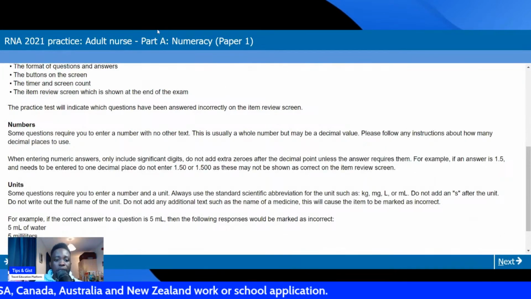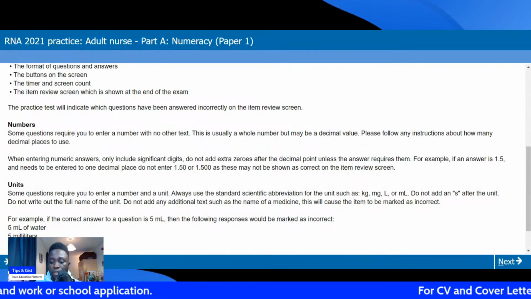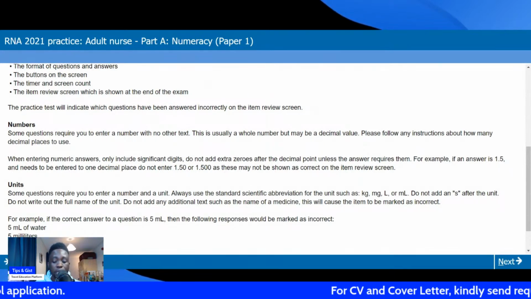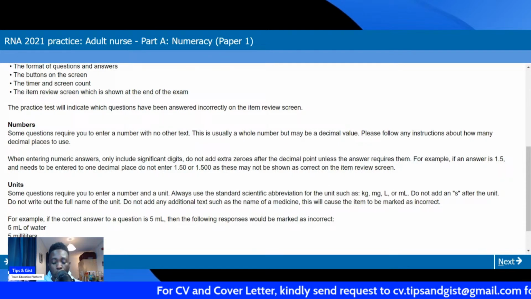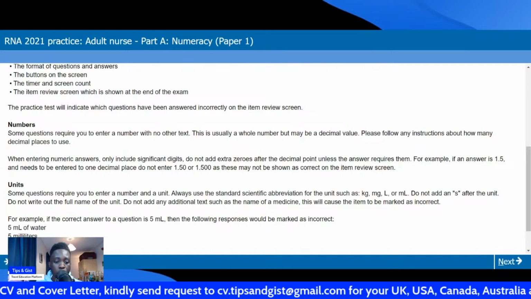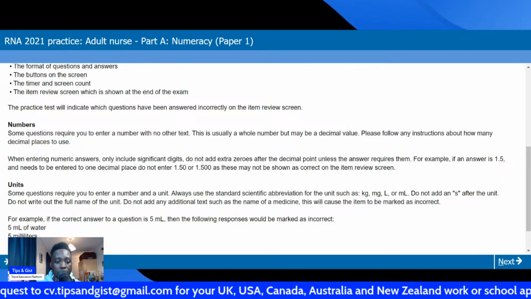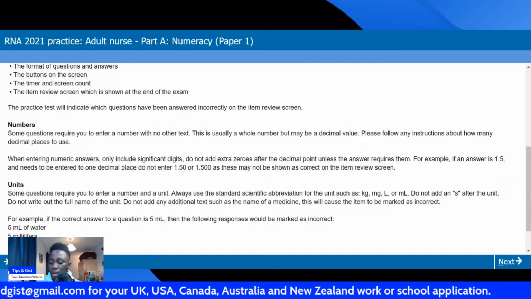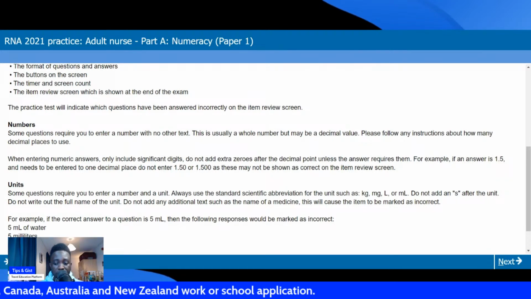All right. If you have any question, please alert me. Another time, if you want us to do once more, we can do once more. We can use the numeracy for the midwives, or even another adult nurse or that of a child nurse. We can use that another time if I have time.